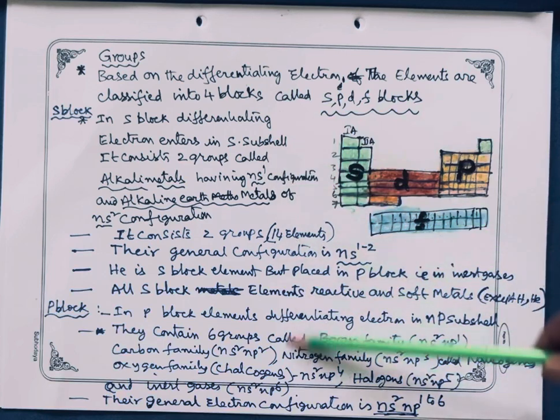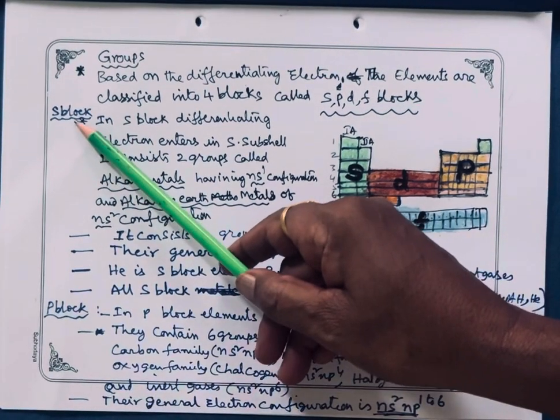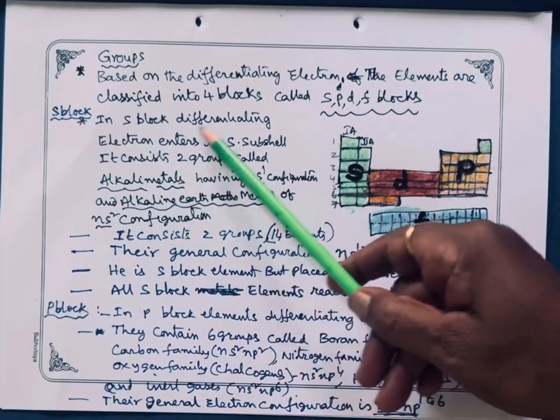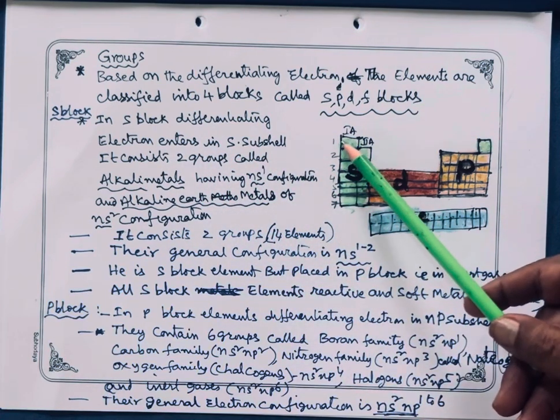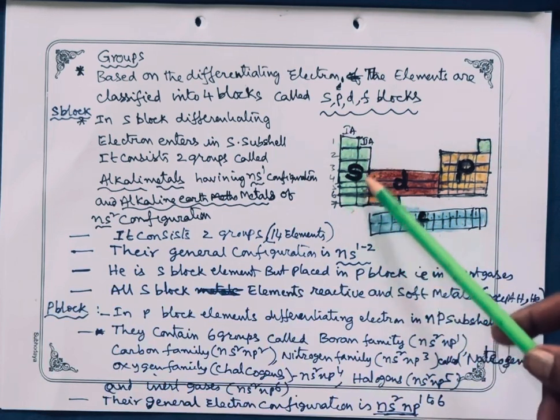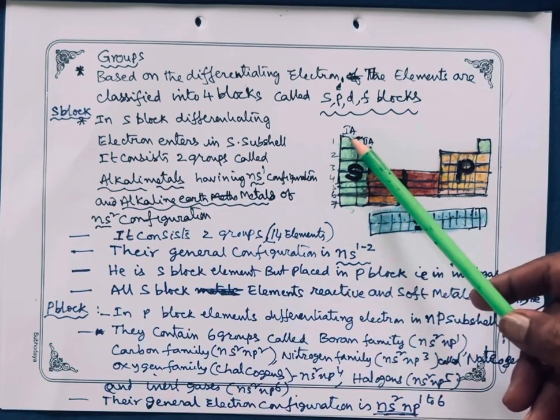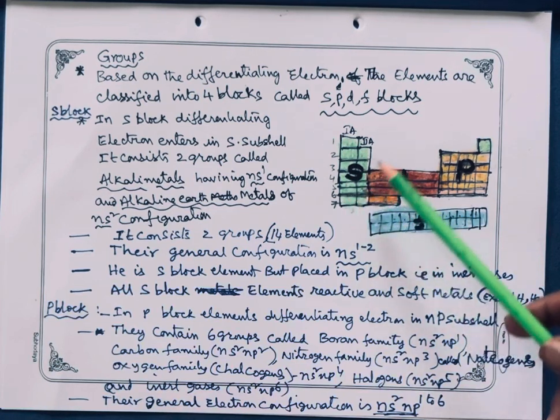This may come as an essay question for intermediate students, and you will get so many bits from this classification. The first classification is the s block. In the s block, the differentiating electron enters the s subshell. So s1 and s2. This green is the s block, s1: 1s1, 2s1, 3s1, 4s1, 5s1, 6s1, 7s1.